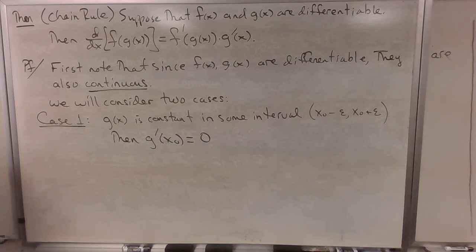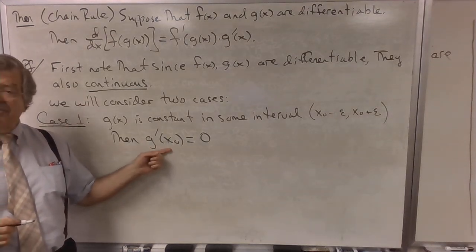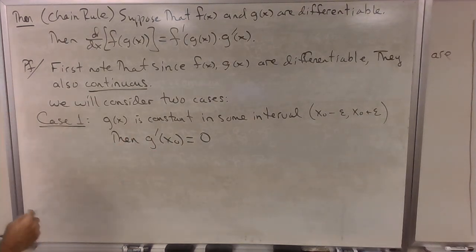If that's the case, then the derivative of g is 0 because g is a constant.